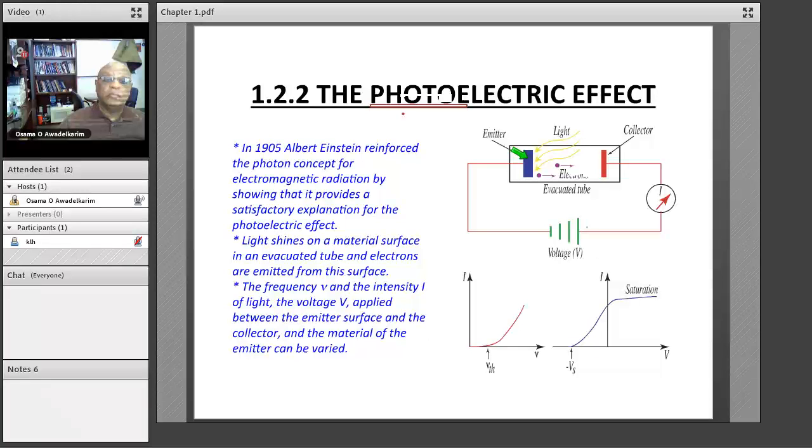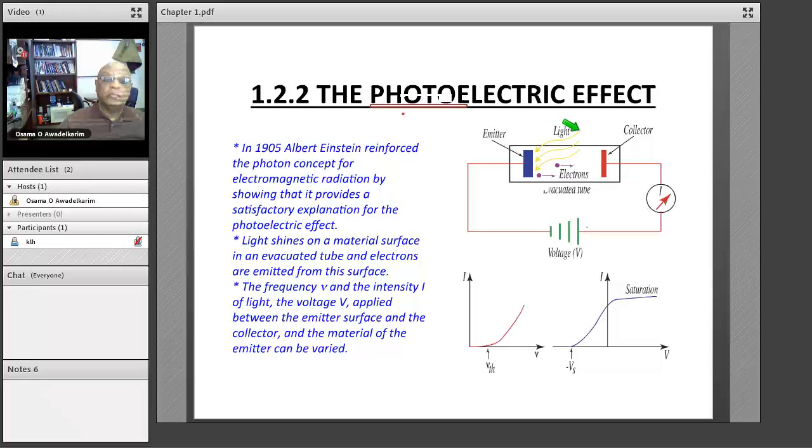So if we apply a constant voltage across, we don't expect any current to pass between these two electrodes in the dark, if nothing is incident on either plate. Now let's assume that we have a light source with a knob so that we can turn the knob and increase the frequency of the light, or electromagnetic radiation.